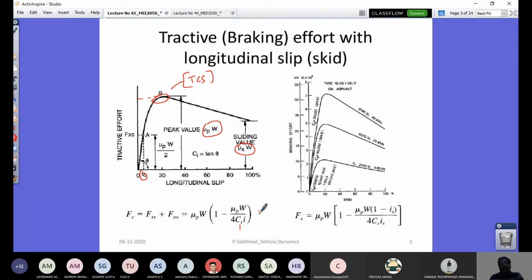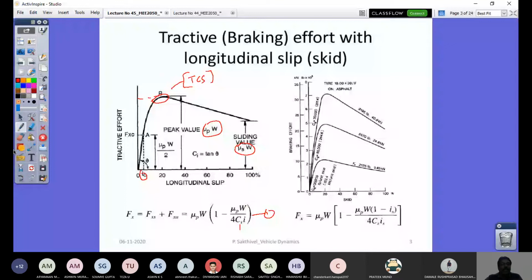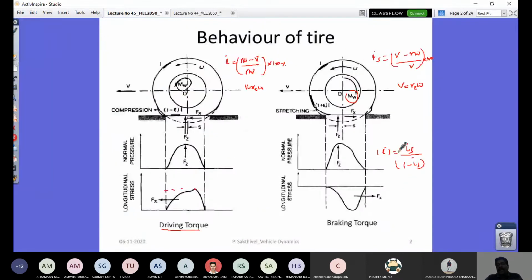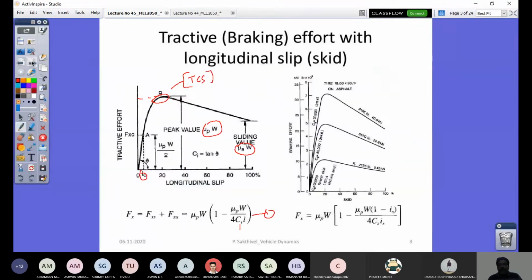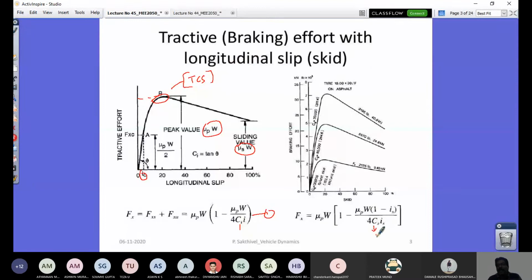This is what we have derived in our earlier classes, the simplified Julien's model. If you have understood that, you could also use the relation I explained on iS: i is equal to iS by 1 minus iS, and if you substitute for that i value, the Ci value can be changed to be skid stiffness. This is called skid stiffness.